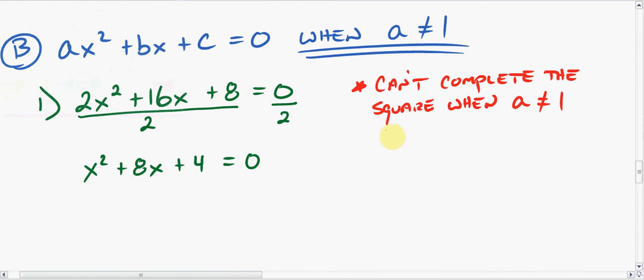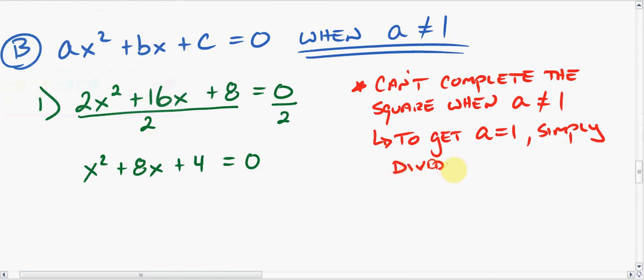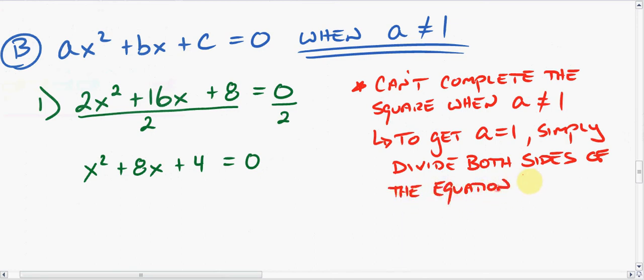So to get a to be 1, simply divide both sides of the equation by a.